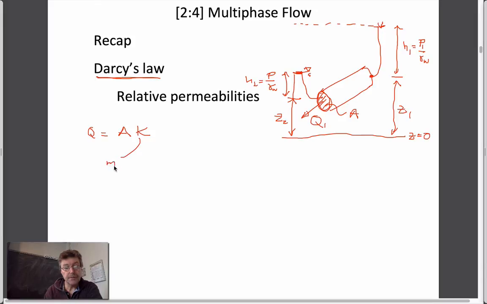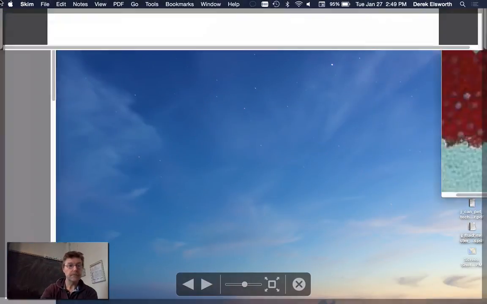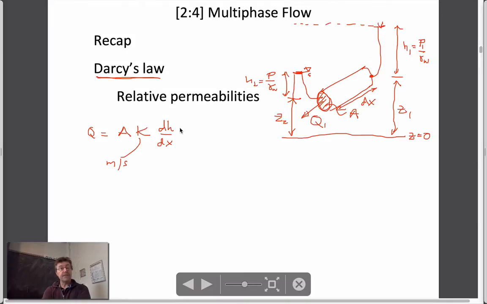This is in meters per second, or length over time, times a gradient in head over some length. And this length is just equal to the length of this particular tube.